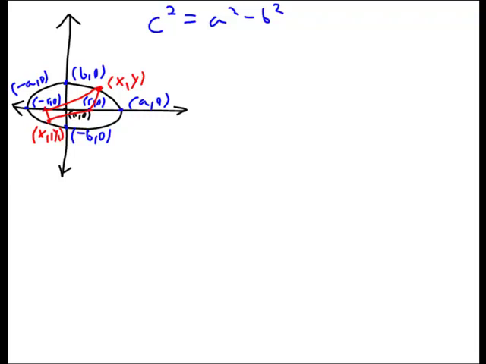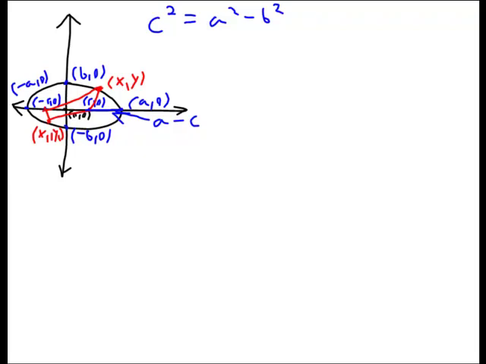If we're going from the point (a, 0) and we want to draw lines to each of these foci, if I draw a line to the nearer one there, the distance of that line is a minus c, because the whole axis from the origin out to (a, 0) is a distance. The focus is c distance away, so the distance between them will be a minus c.